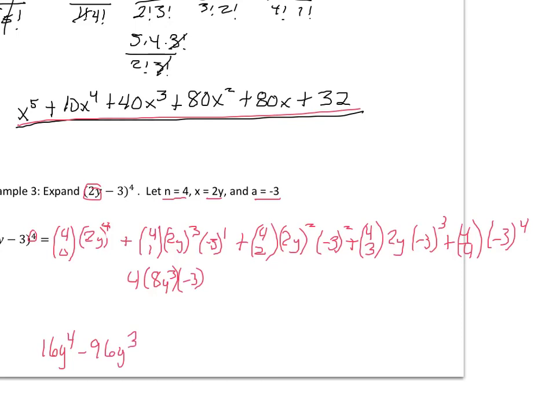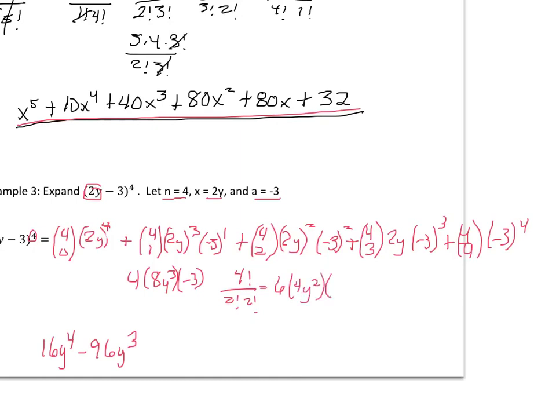Okay, 4 choose 2. That one we have to write out. 4 factorial over 2 factorial times 2 factorial. What's 4 factorial? That one shouldn't be too bad. 4 times 3 is 12, times 2 is 24, right? So 24 over 4 is 6. So we get 6 times, what's 2y squared? 4y squared.